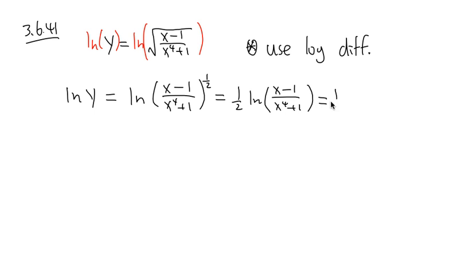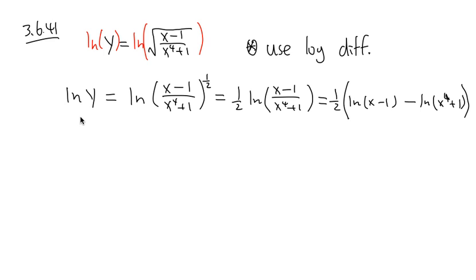The 1/2 is still in the front, and then let me open the big parentheses: ln of x minus 1, and you subtract ln of x to the 4 plus 1.